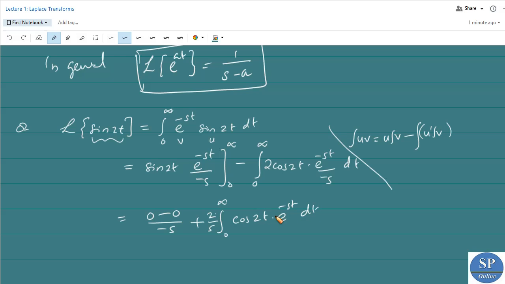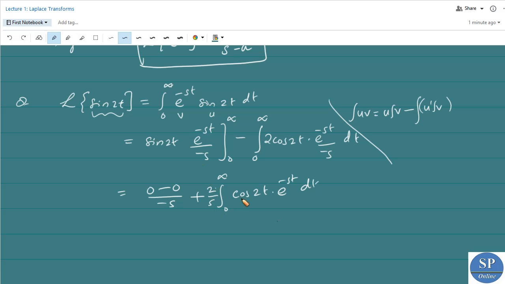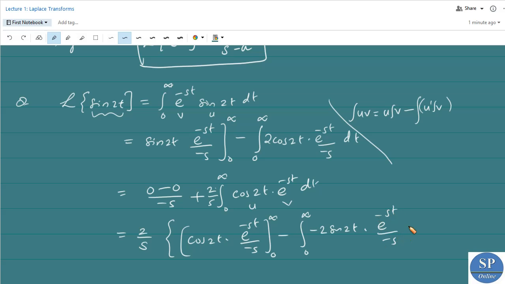Now we have to integrate this, so this is equal to 2 by s into integral of cos 2t into e power minus st. We can take this as u and this as v, so we get cos 2t into integral of e power minus st, which is e power minus st divided by minus s, from 0 to infinity, minus integral from 0 to infinity derivative of cos 2t, which is minus 2 sine 2t, into integral of this, that is e power minus st divided by minus s dt.